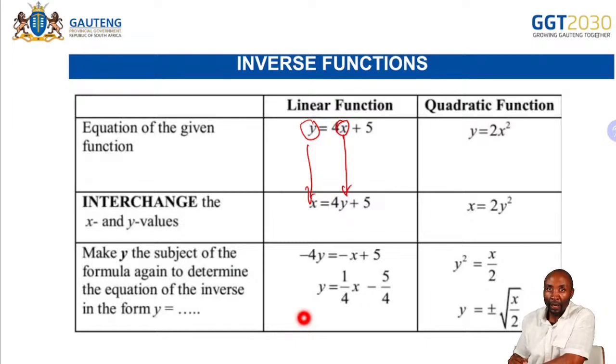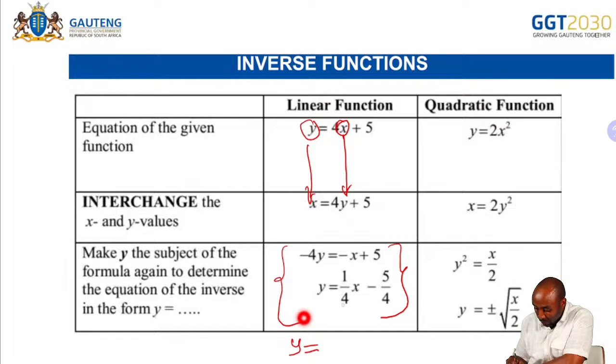But remember, we make y the subject so that our equation is also y equals. Changing the subject of the formula, which we did, we get the inverse function will have the equation y is equal to 1 over 4 x minus 5 over 4. This is the inverse function of a linear function.